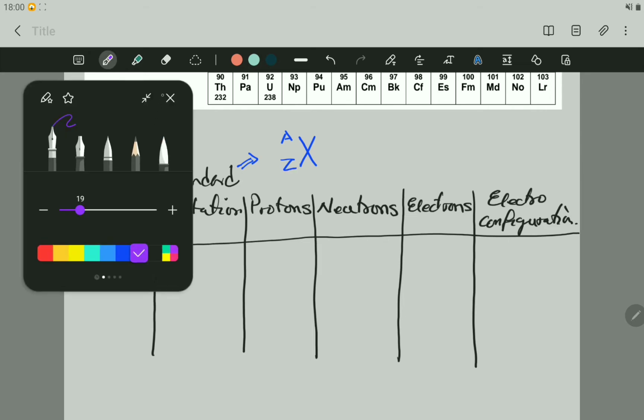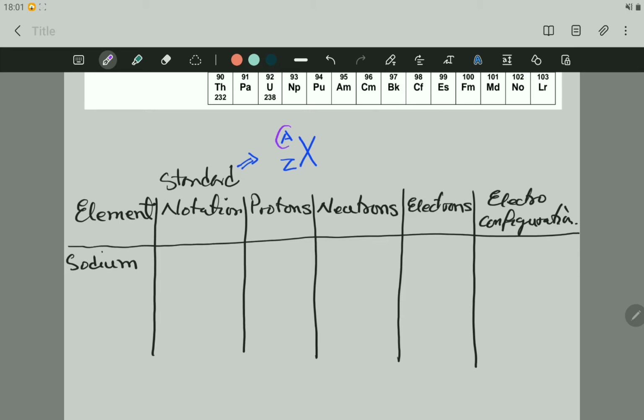Just for recalling here, the A is the atomic mass, and the atomic mass is the number of protons, which is Z, plus the number of neutrons, which is N. All right, that is the atomic mass.